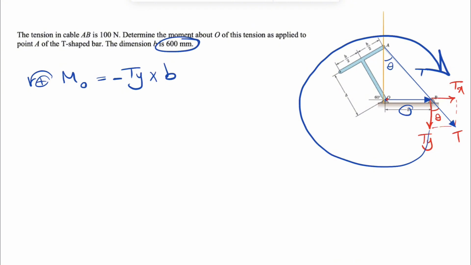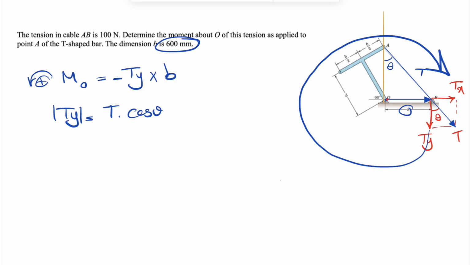We just need to find Ty, but for finding Ty, we need to figure out that angle theta, because our Ty would be T cosine of theta. This is the absolute value of the Ty.